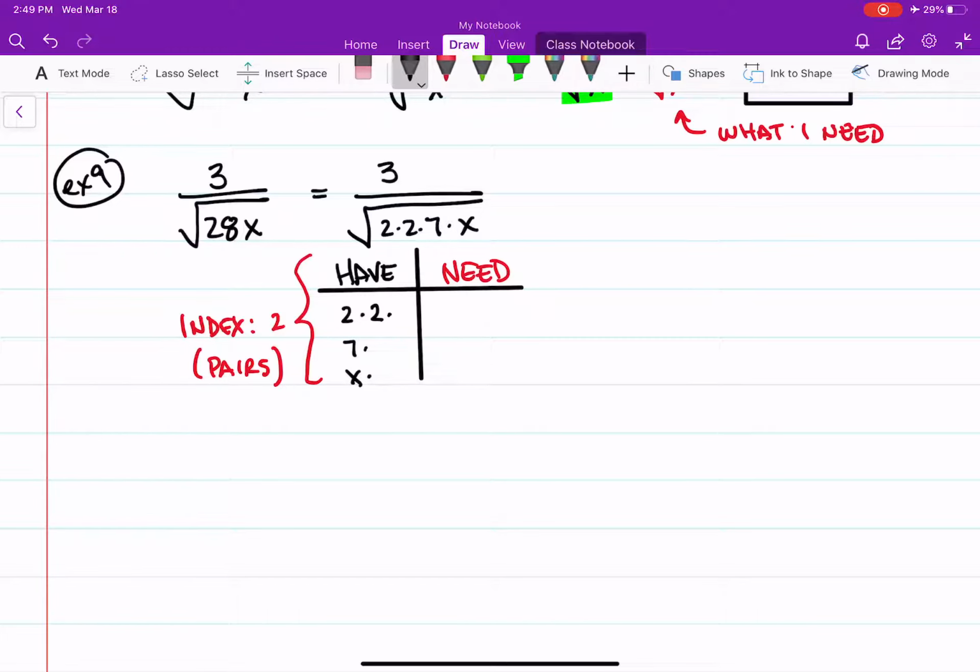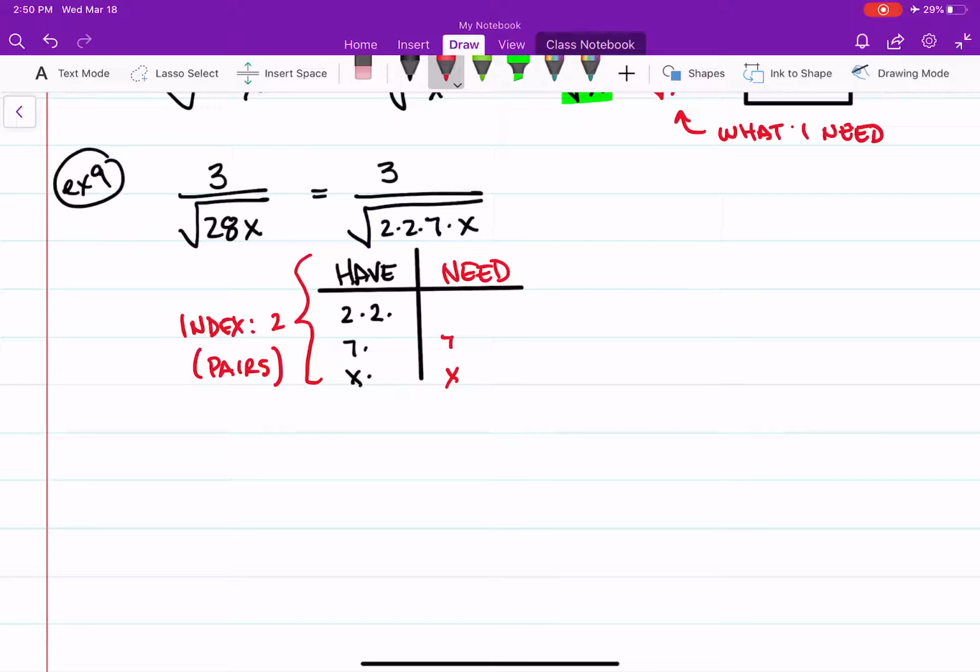So if I need pairs, do I have a pair of 2s? I do, I already have a pair of 2s, so I don't need any more 2s. I have a 7. How many more 7s do I need to make a pair? Do I need one more 7? And how many more x's do I need to make a pair of x's? I need another x. Does that make sense?